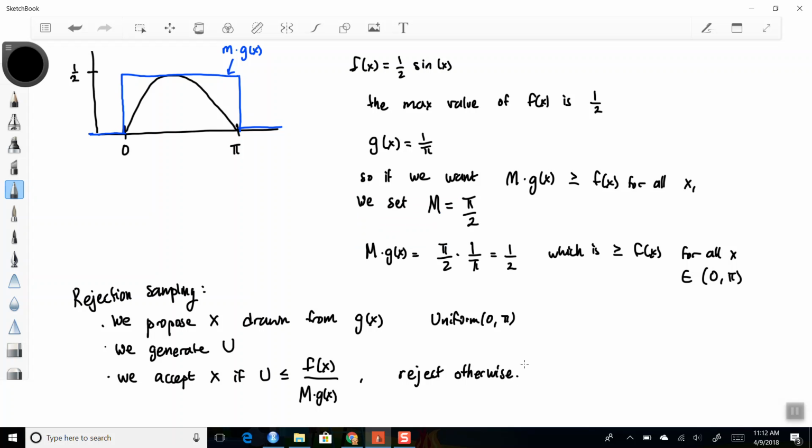We want to reduce how many values we have near 0 and near pi. And so we use the u and this rule of whether we should accept it or not, and this will throw away some of the values we propose, but the resulting sample after we've rejected some of them will follow the PDF that we want.